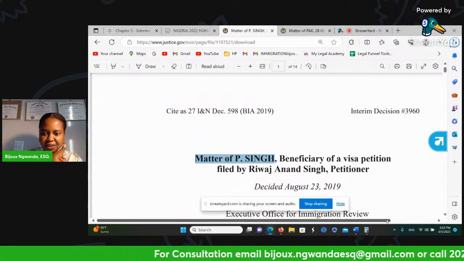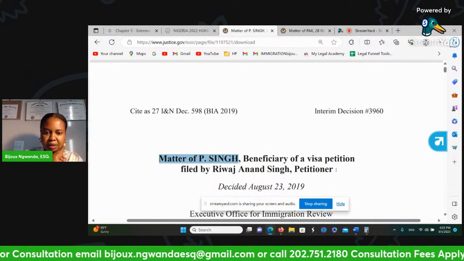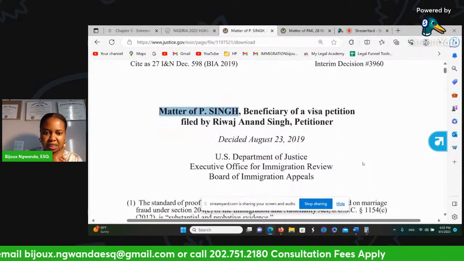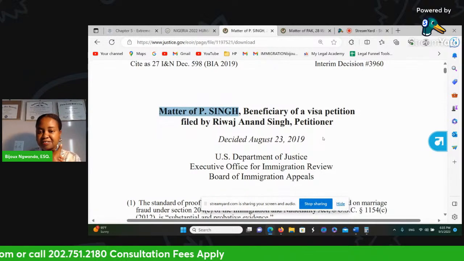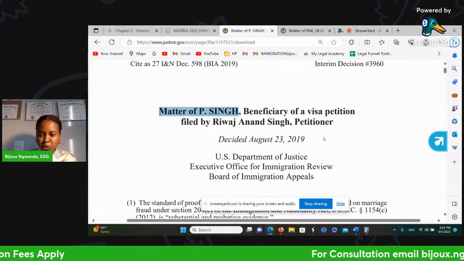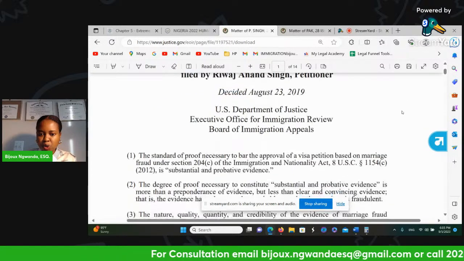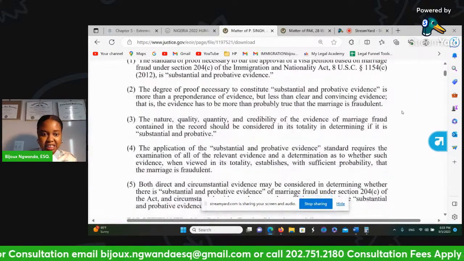What is the standard? Okay, this is a BIA decision of 2019, and that actually gives us the standard when it comes to fraud marriage. What are they really looking for in order to make a 204C determination?